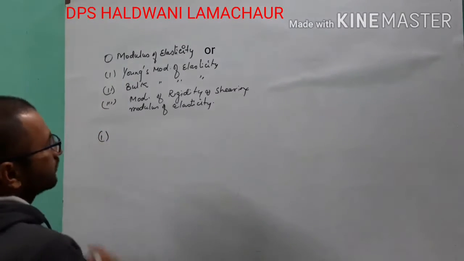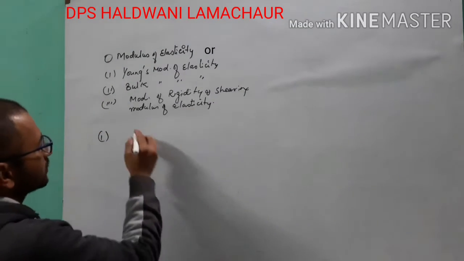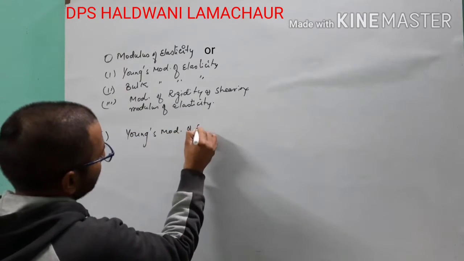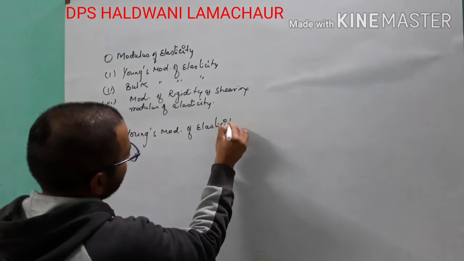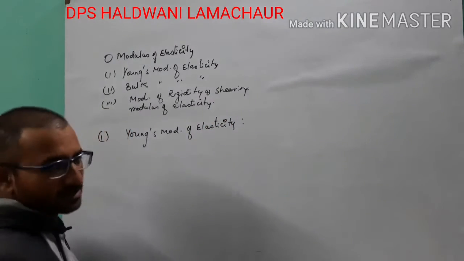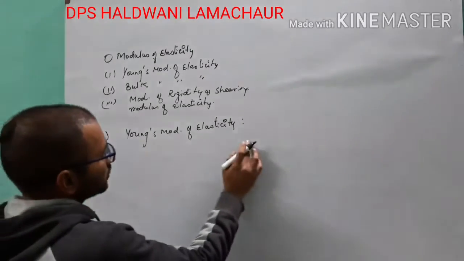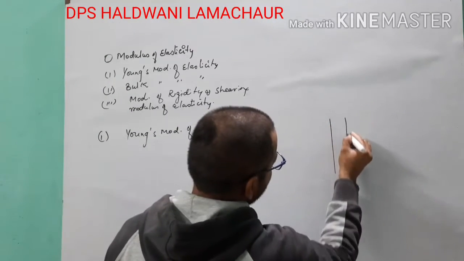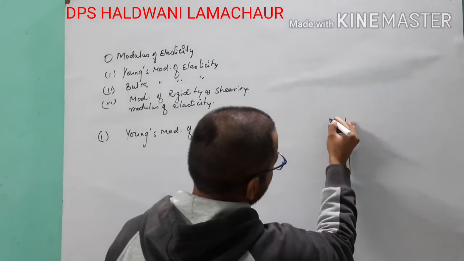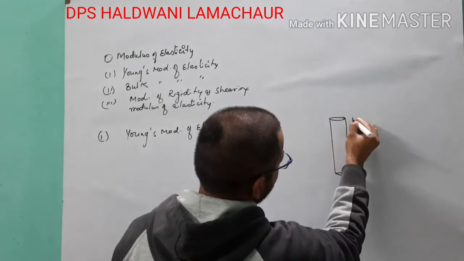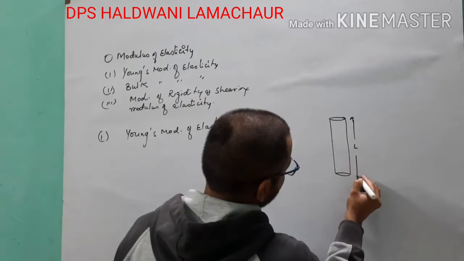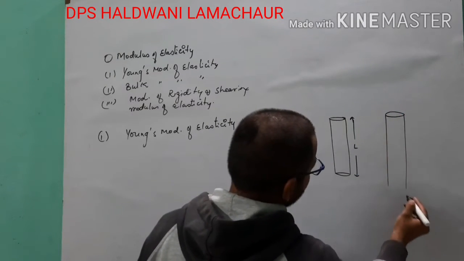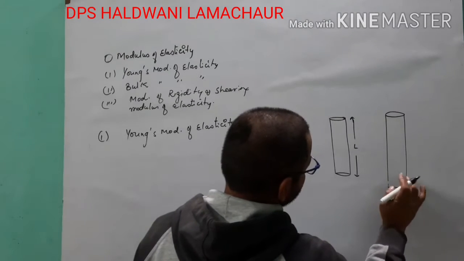So first, we write about Young's modulus of elasticity. As we know from the earlier discussion, Young's modulus of elasticity comes into play when we talk about a body or wire of length L, that is, for the case of longitudinal strain and longitudinal stress.